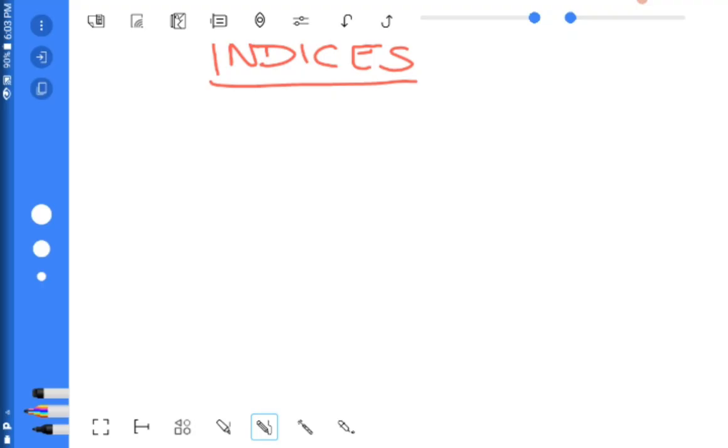We are going to be studying mathematics today, and the topic for our class is indices, surd and logarithm. So we're going to start by looking at indices.